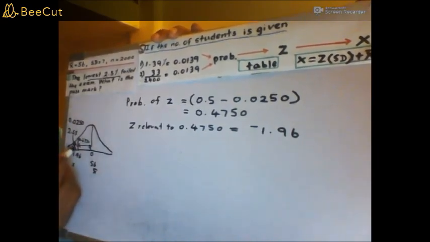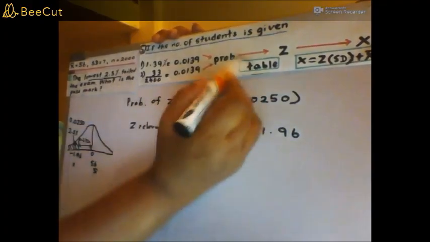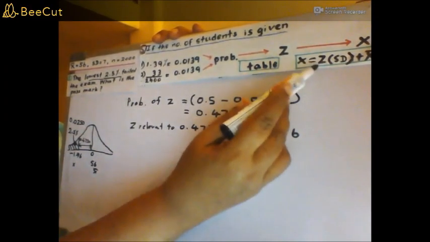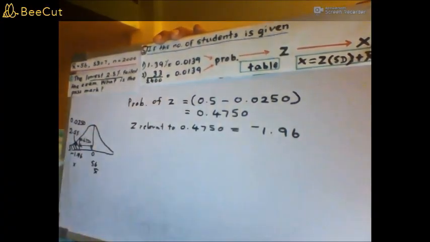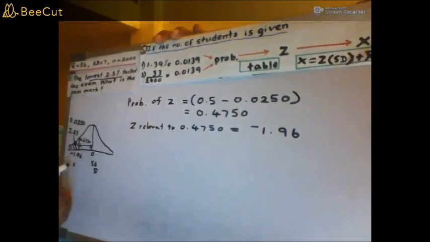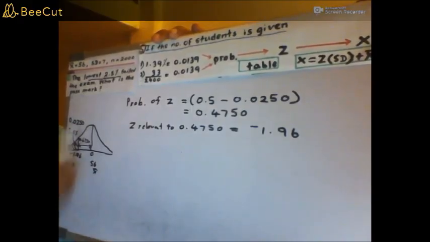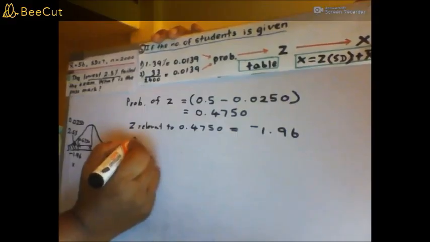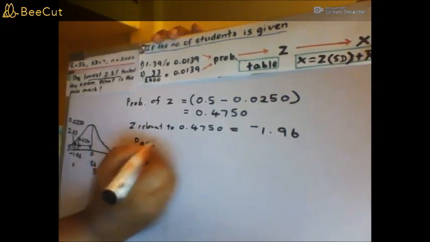Now what do you have to do now? We have to find the relevant X. Here from the table we got the Z value. Now we have to find our X, the mark. When we know the Z, to get the relevant mark, we have to use that formula. So, cutoff mark, pass mark.